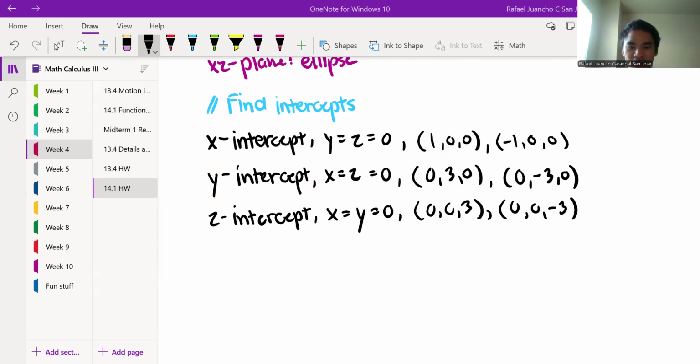I don't know why it's not like... God, what am I looking at? Oh yeah. Also another thing. Okay, got the intercepts.